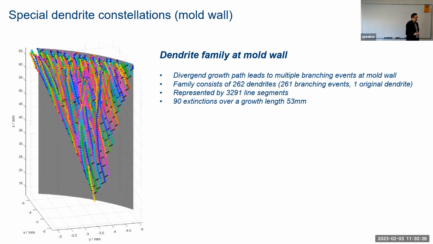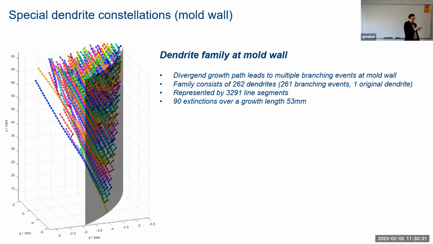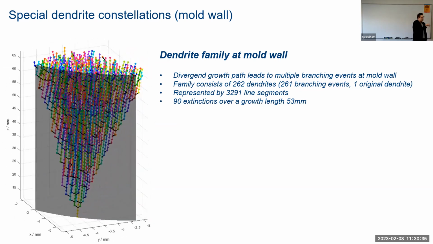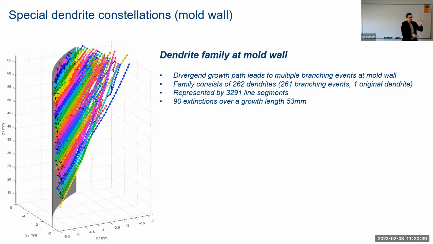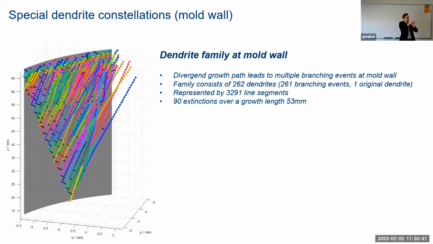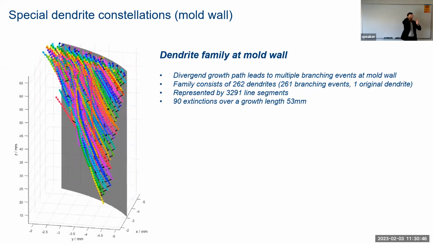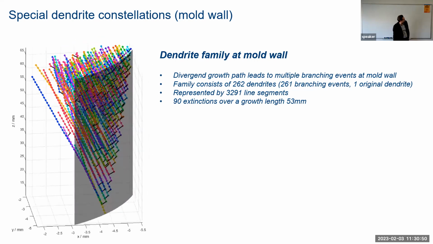For example, we were interested in the interaction between the dendritic growth and the sample mold wall. And we found that the largest families are actually positioned at the mold wall. This is because all the dendrites slightly deviate in their growth direction. So there's the mold wall and there's a deviating angle. So there's space left over, and the space is filled by continuous branching events. And you can see some parameters of this here.